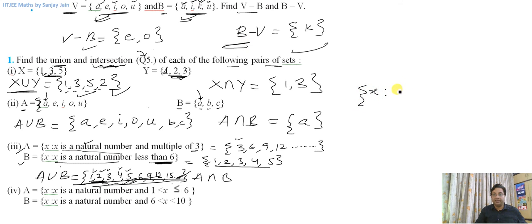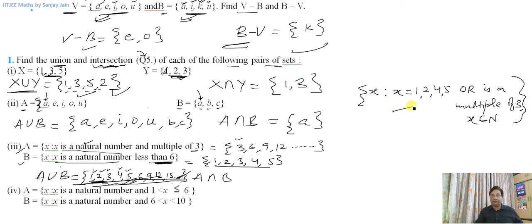X is such that X is equal to 1, 2, 4, 5, or X is a multiple of 3, and I should also mention that X is a natural number. So now I've written it in set builder form, and it includes all the elements that are in set A and in set B. It was not possible for me to write it in roster form.